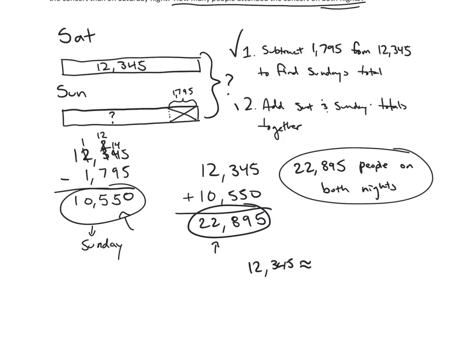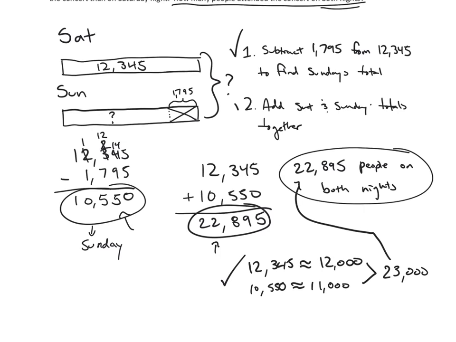So 12,345, rounded to the nearest 1,000 here, is approximately 12,000. 10,550 is approximately 11,000. And if I add those two together, it's about 23,000. And that's pretty close to my final answer. So I would say that my answer is very reasonable. It's close to my estimate.